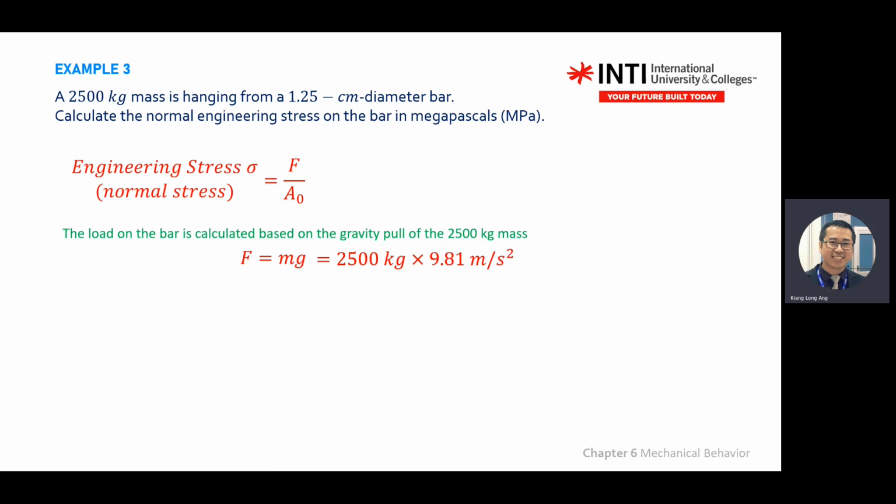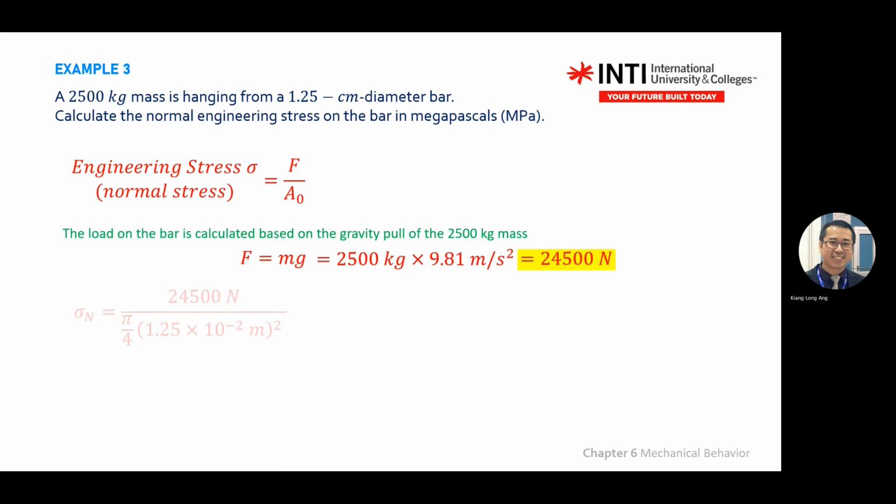For this module, all the gravitational force we use 9.81. So you calculate force divided by area, pi r square or pi d square over 4.